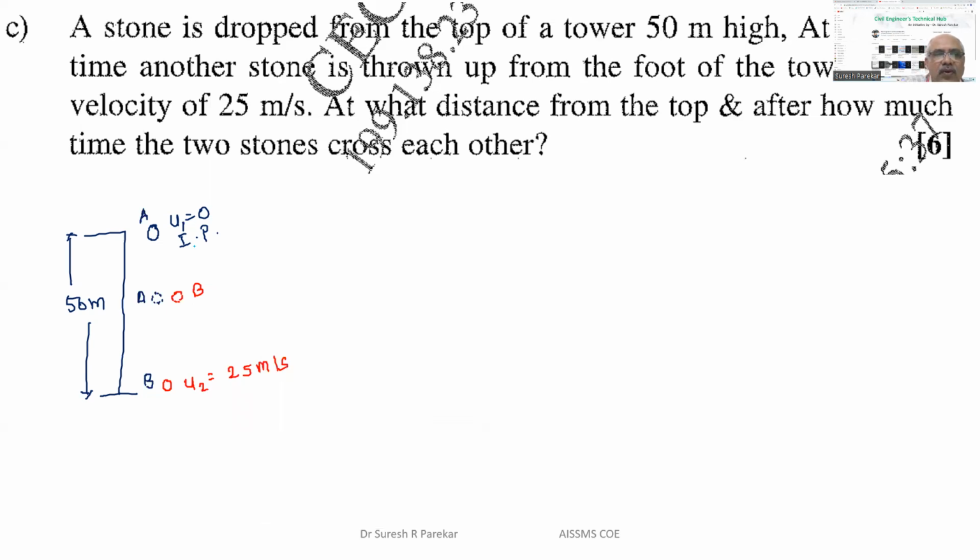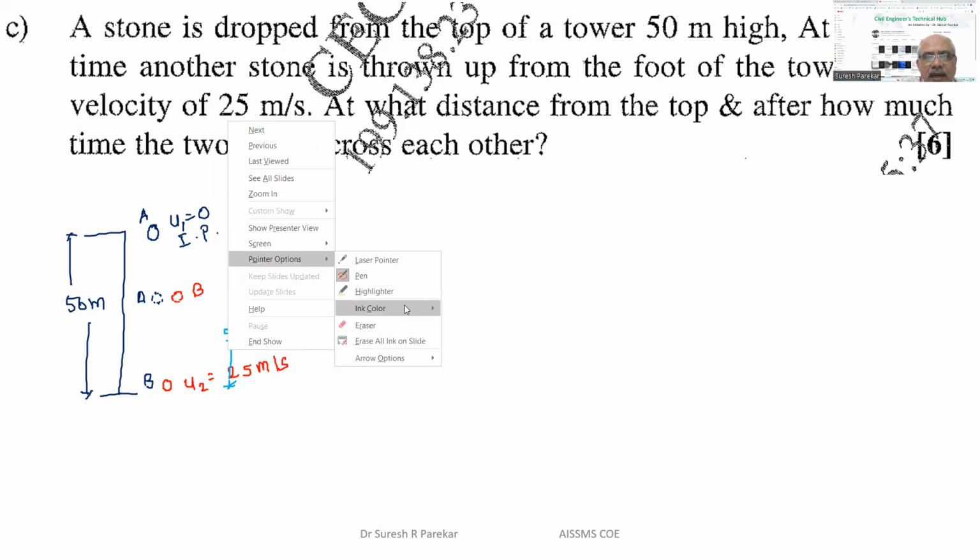So I will consider the distance y from the top where they meet each other. And then the distance we have is 50 minus y, which is related to stone 2. So now we will write the data for stone 1 and stone 2.